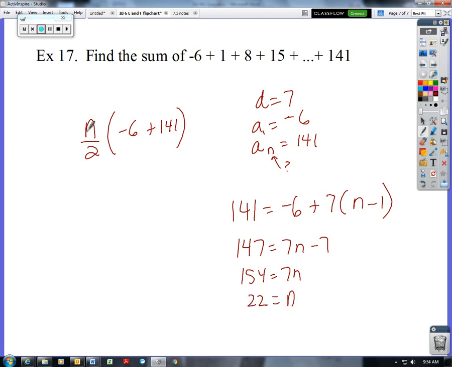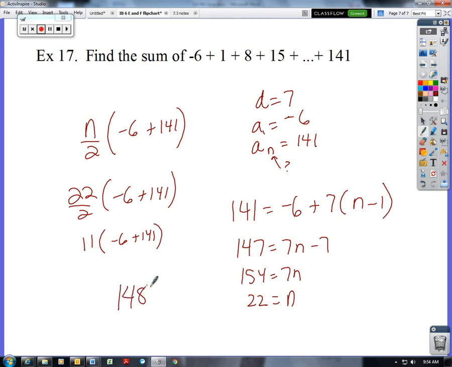So my 22 is going to go over here. 22 divided by 2 is 11 times whatever that is. So I'll go to my calculator. Times 11. And I get 1485 for the sum. And that wraps it up.